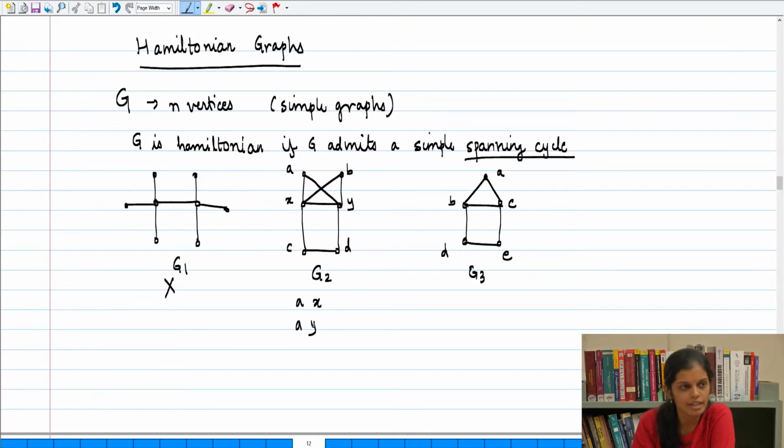So I can try to explore all these paths and see if one of them leads to a Hamiltonian cycle. In fact, I can write down all the permutations of the n vertices and check. Some of the permutations are not valid. For example, if I write a permutation which has A, B and something else, then it is not valid, because A and B are not adjacent, so I cannot write that permutation.